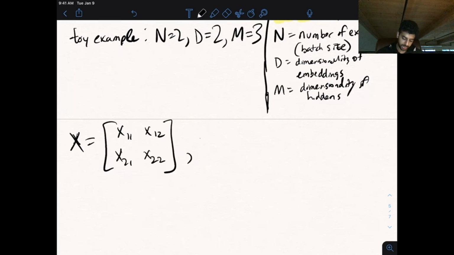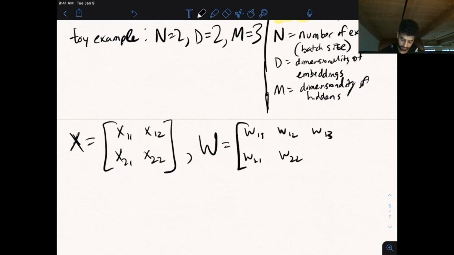Let's also say we have a W matrix. This W is trying to project these X vectors into this hidden space of M dimensions. Therefore, W is a 2 by 3 matrix. So it looks like W11, W12, W13, W21, W22, W23.